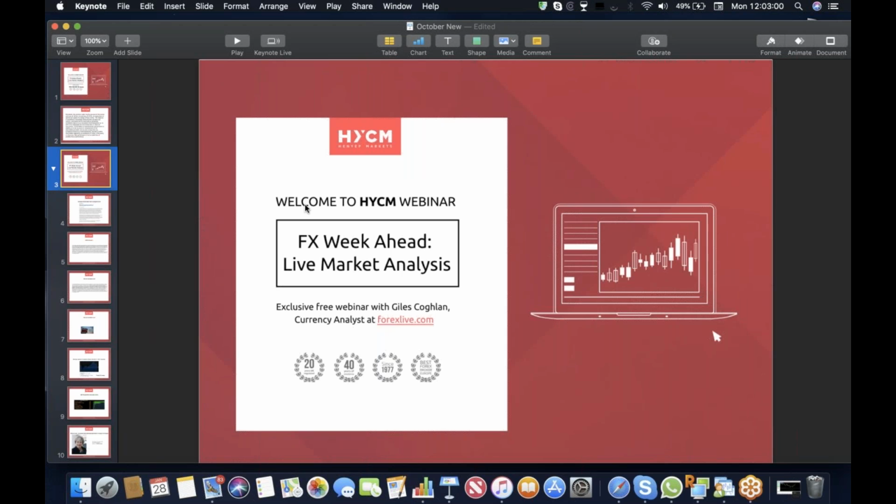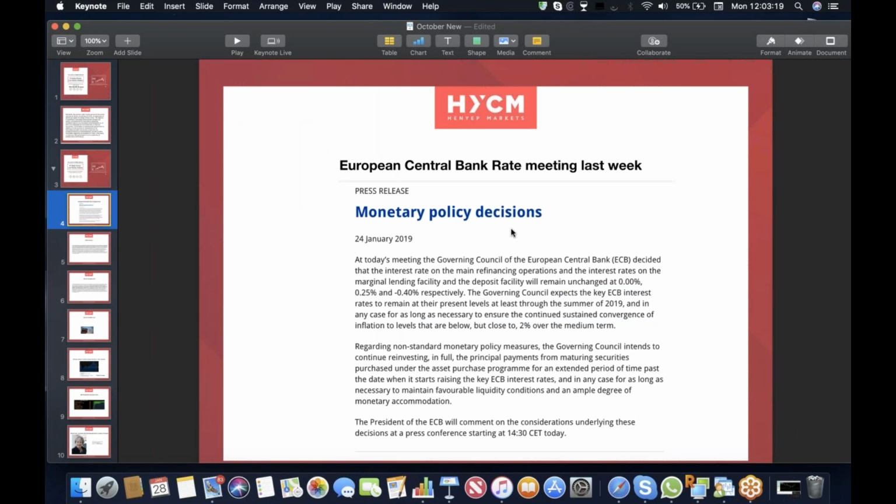And so we're looking at the week ahead, and as always, before looking forward, we also want to make sure that we're looking backwards. And before we look at the coming week, we're going to look at what happened last week. And one of the most important events last week was the European Central Bank met for their rate meeting.